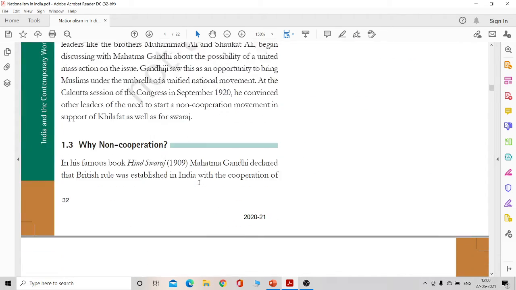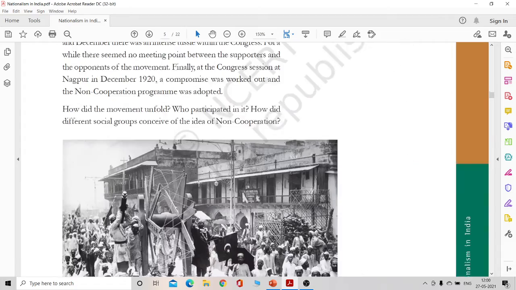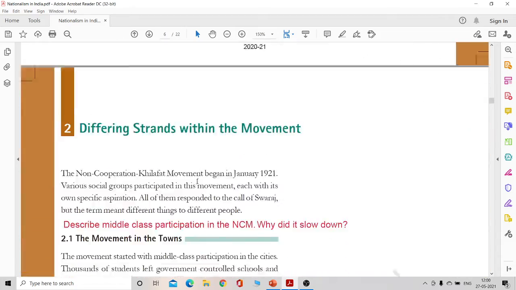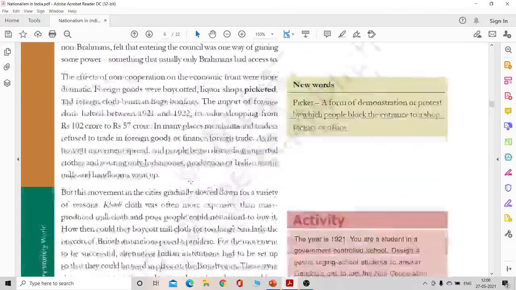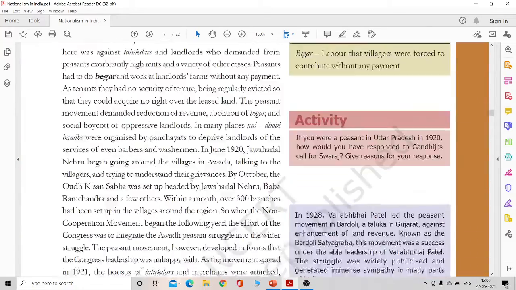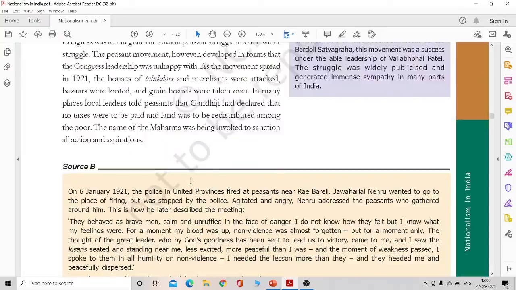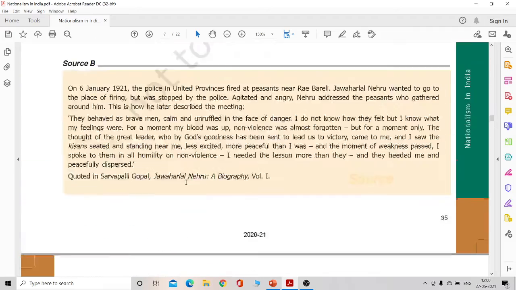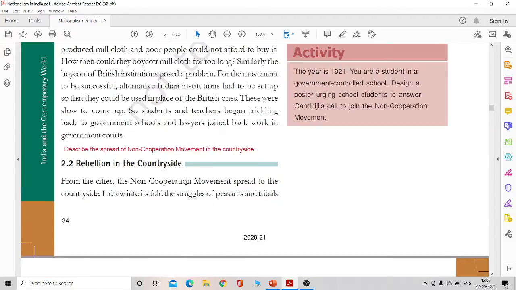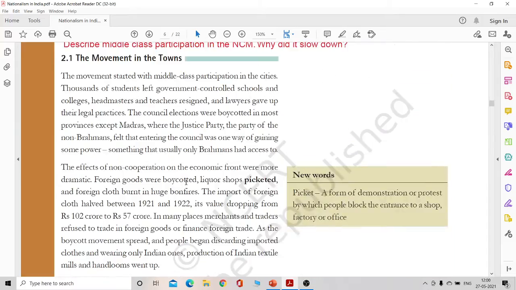Now, here you may get a question, what was the specific reason why Gandhiji called off the non-cooperation movement? So here, of course, you have to mention the Chauri Chaura, right?